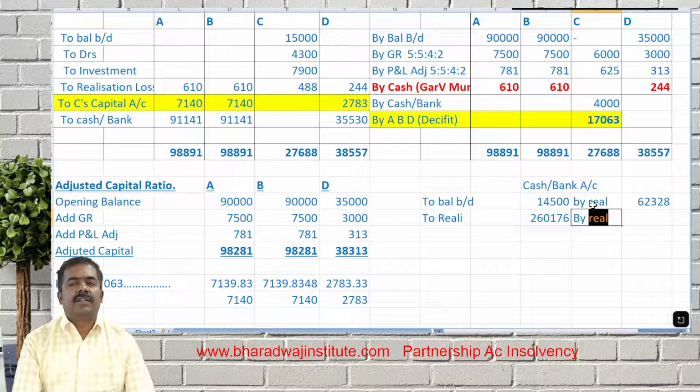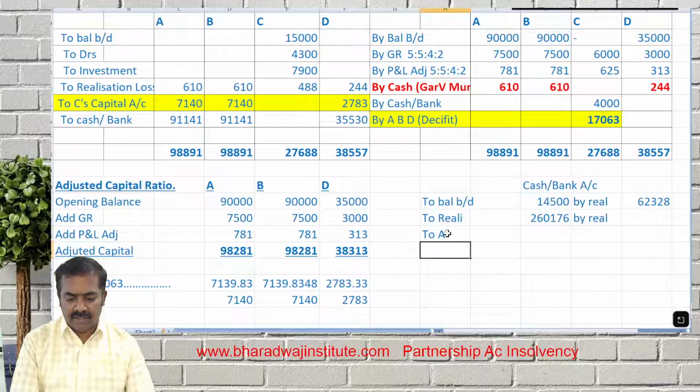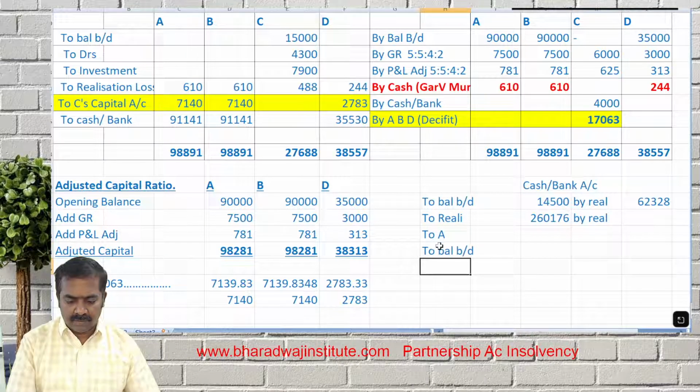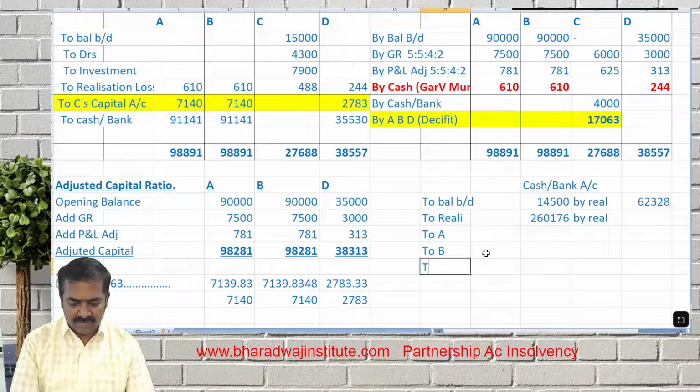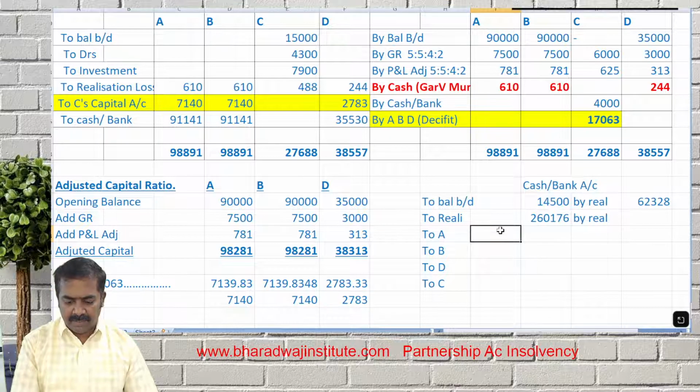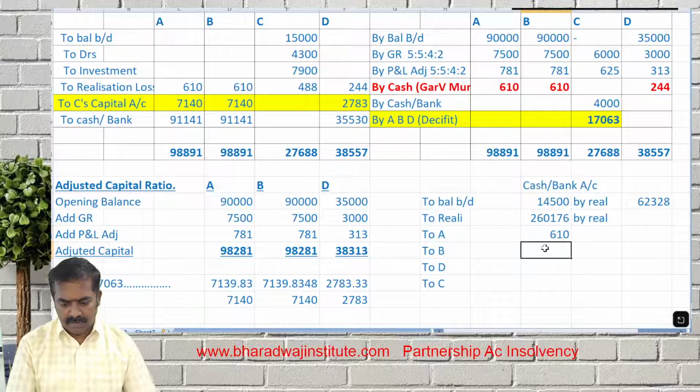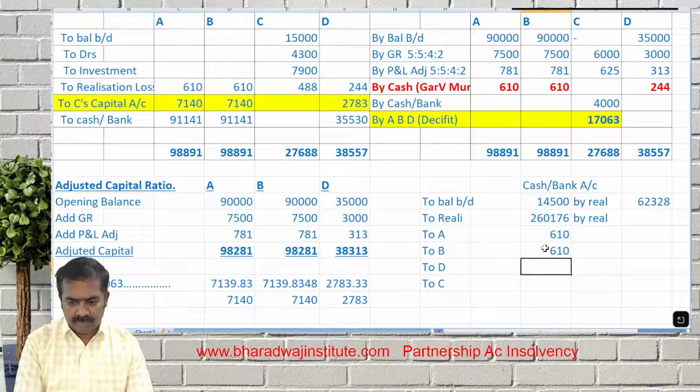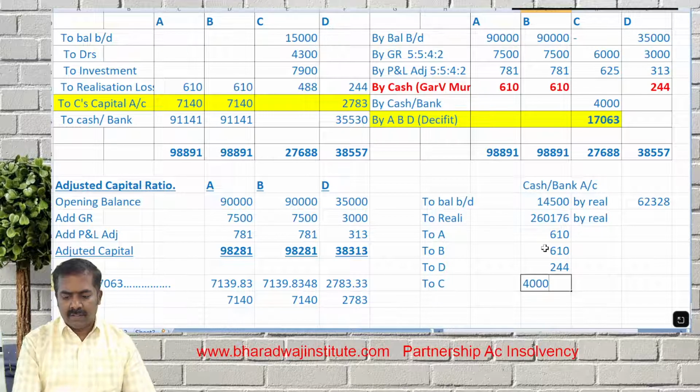By partners collection, A, B, D, C. How much did A, B, D pay? 16,244 from D estate, from C estate we collect 4,000.